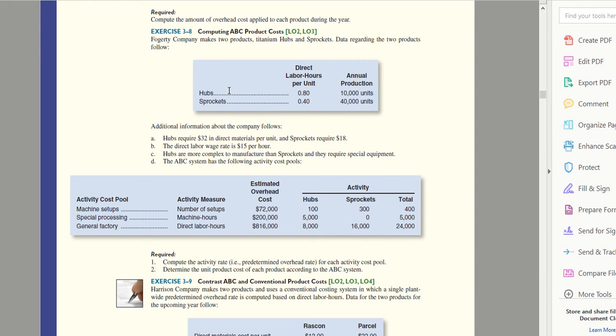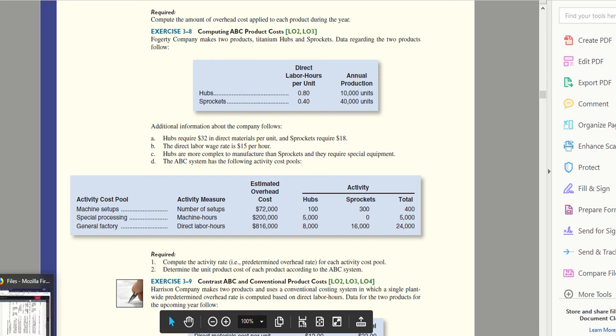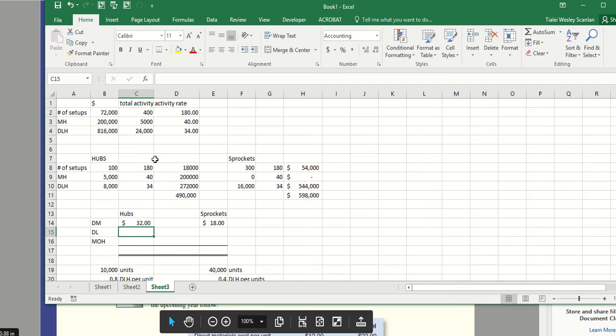If it uses 1 hour, then it would be $15, but it only uses 0.8 of an hour. So I only need 0.8 of that $15 because I don't actually use the whole hour. And sprockets only use 0.4 of the hour, and so 0.4 times the $15 would give me my dollar amount for 1 unit of hubs and sprockets, so I know the direct labor cost.